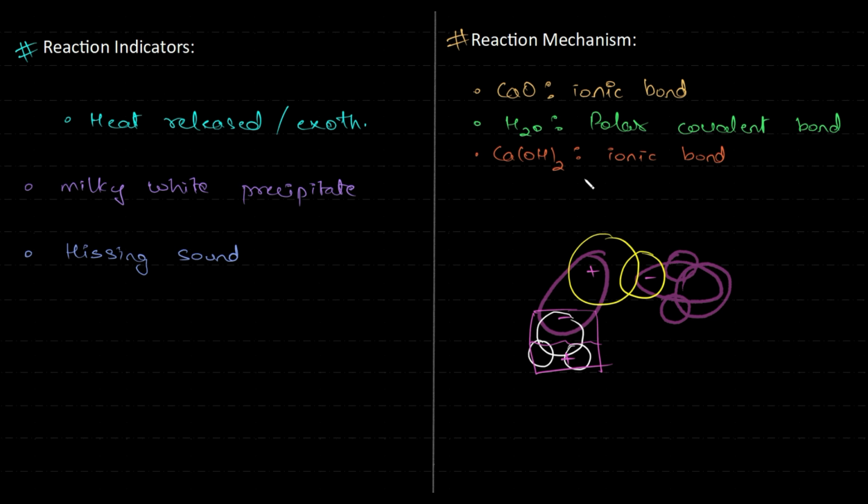So what happens over here? There is a strong pull. Water is a universal solvent, so there is a strong pull. Our Ca2+ and O2- get surrounded with water molecules.